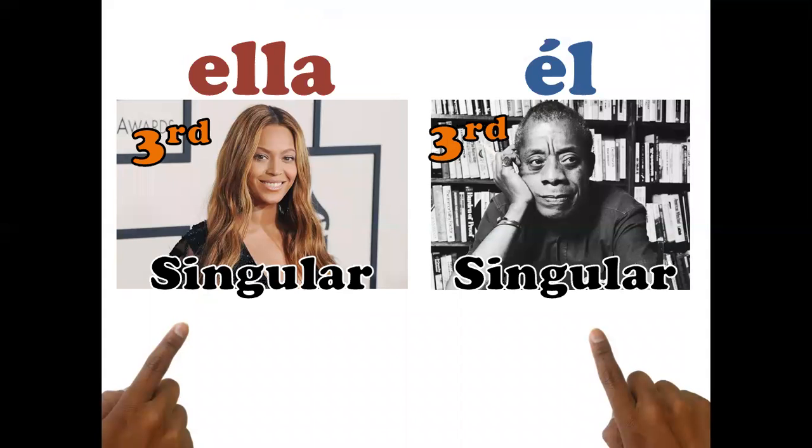So the third person is when you're talking about someone, not to someone. All right, so you see Beyonce, since she's a singular lady in this case, she is ella, which is the English she, a direct translation there. James Baldwin, él. Él es un escritor bueno. Ella es una música talentosa, por ejemplo.